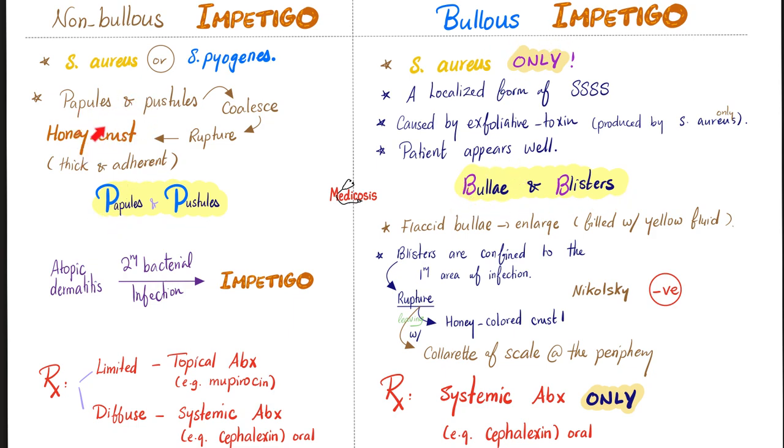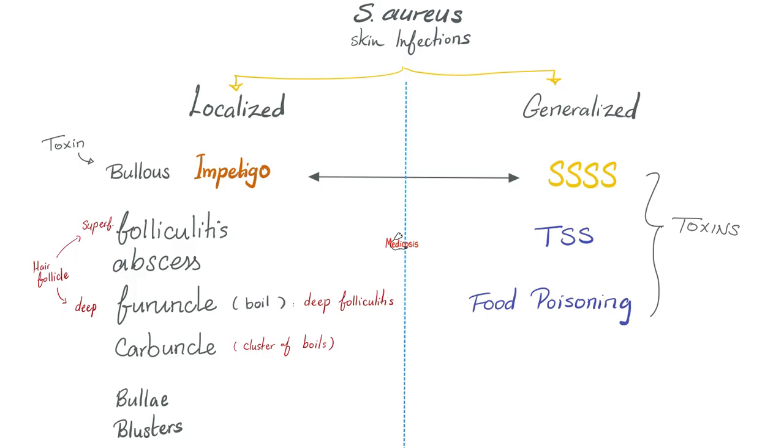Both of them can give you honey-colored crusting. The first one could be treated topically or systemically depending on the severity. The second one is usually severe and you need systemic antibiotics only. Not topical. Topical is not gonna work. There you go. The bullous impetigo is caused by a toxin produced by Staph aureus, and this is just a localized version of staph scalded skin syndrome.